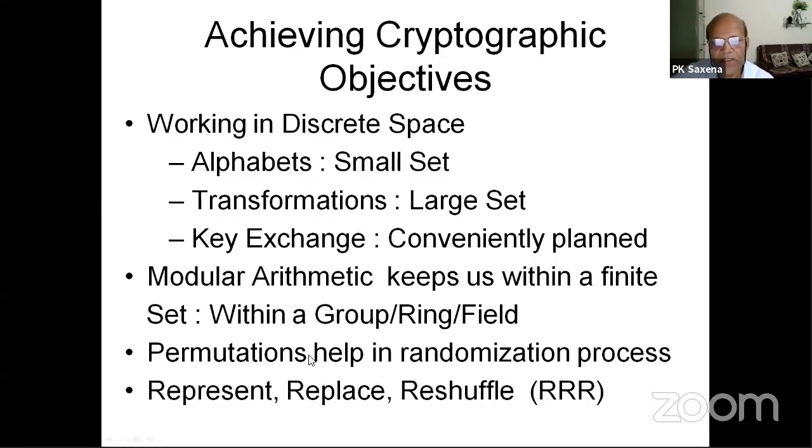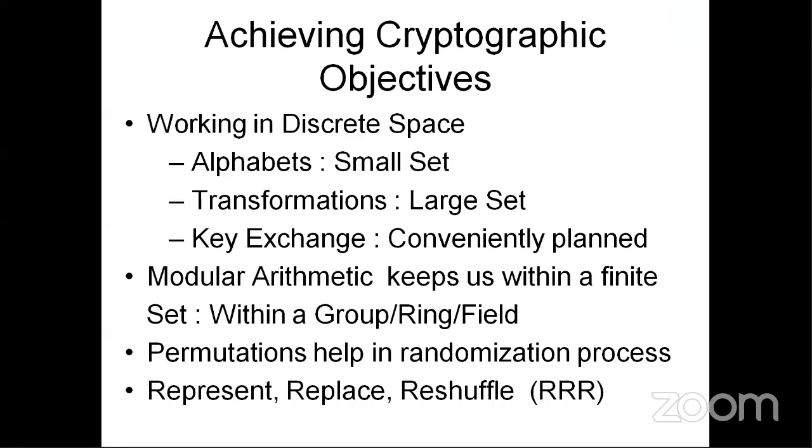So permutation is one such transformation in some cases, and in other cases, these permutations are also used apart from some other transformations to make it a little more difficult, like in the DES crypto system. There are some permutations, then there are some other operations, a series of operations which are applied.